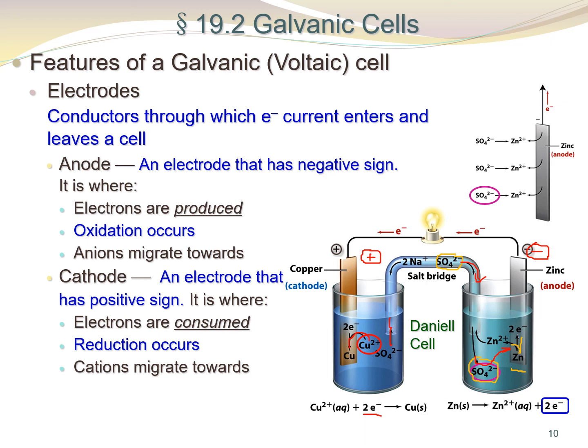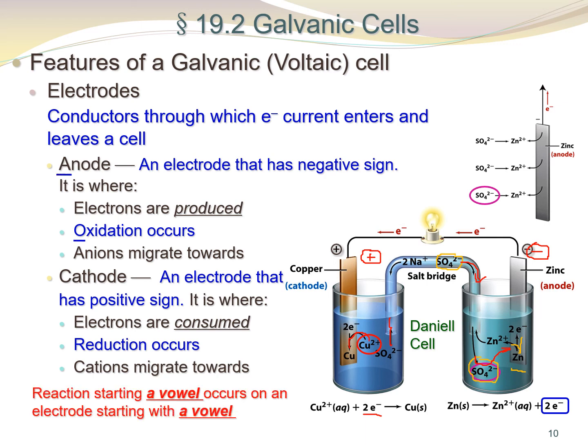So it would be very helpful if we can find something that is easy enough for us to remember just by one point, and we can derive the rest after that. So I don't know if you ever realized, anode, oxidation, both words start with a vowel.